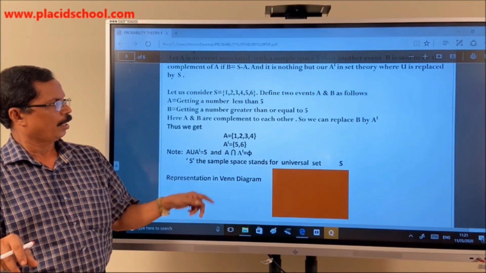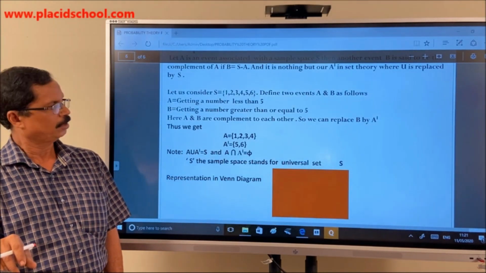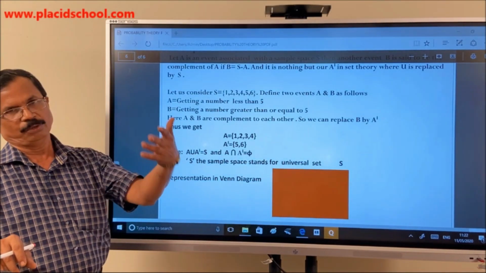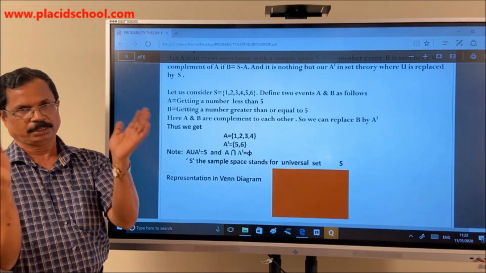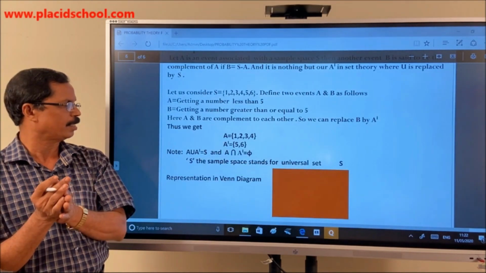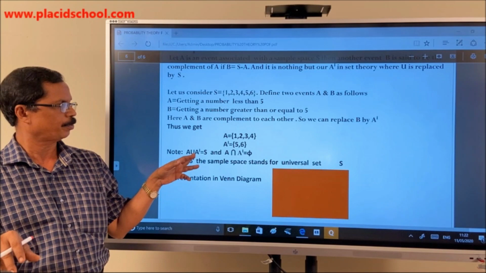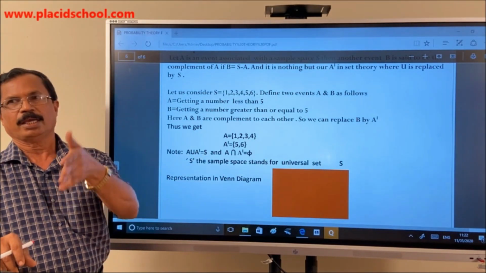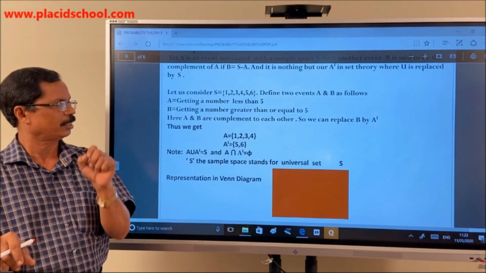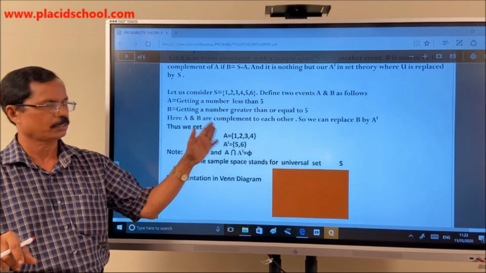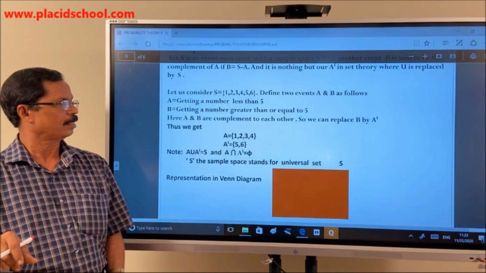Note here A union A dash. What is A union A dash? When you take the union of A and A dash, you get the entire set, the sample space. And similarly, when you take the intersection, that is A intersection A dash, it is clear that there is no common element, so it is a null set.